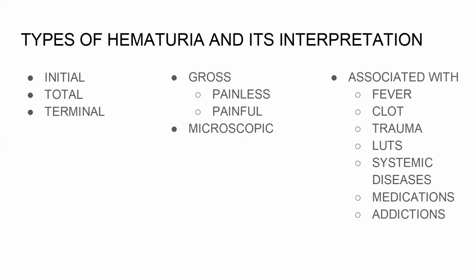If the patient says that when he got up in the morning, he saw that his undergarment is stained with blood, what is your interpretation? Sir, I would like to ask more history.